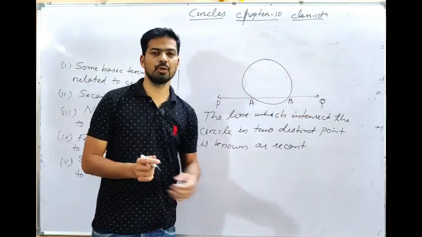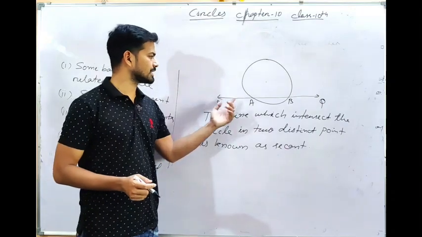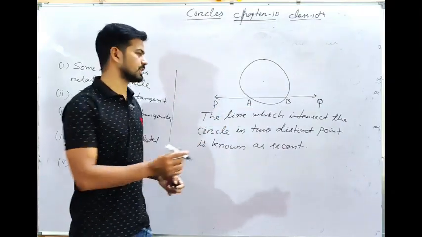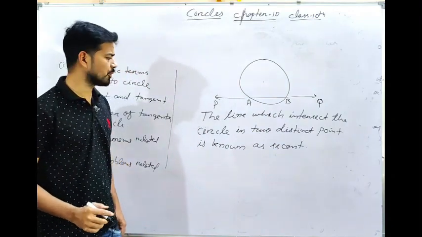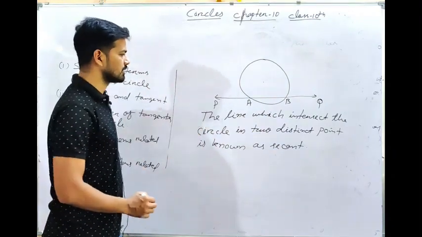So PQ is known as our secant as it intersects the circle in two distinct points, and the points are A and B. So this is called secant.